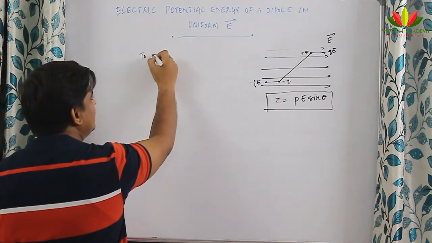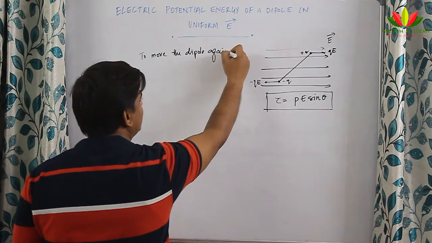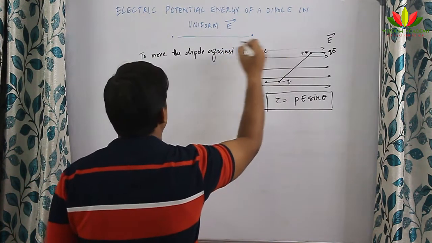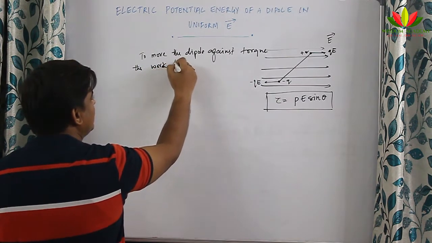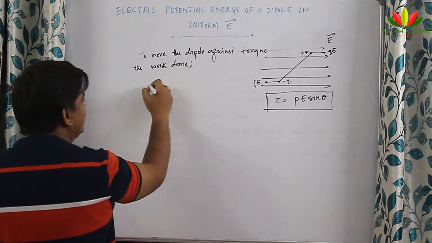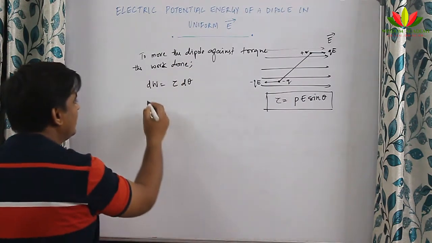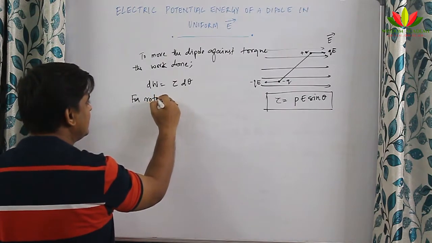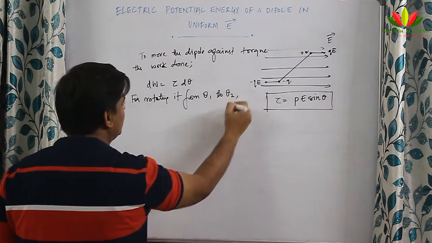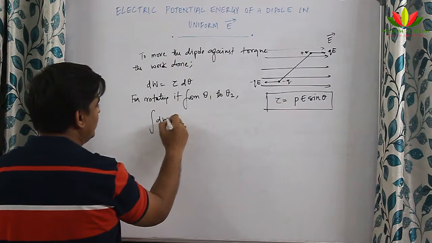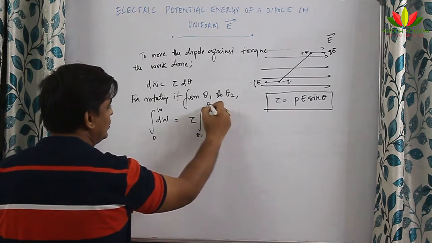So to move the dipole against the torque, first I will find a small work done and then I will integrate. dW will be equal to torque into d theta for a small angle d theta, and for rotating it from theta 1 to theta 2, I can write integration of dW from 0 to W is equal to integration of tau d theta from theta 1 to theta 2.